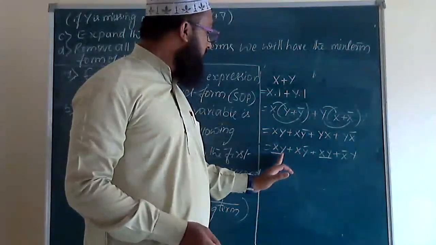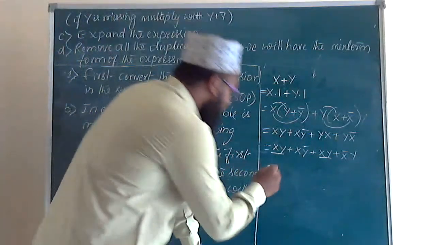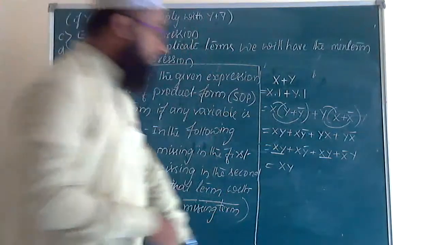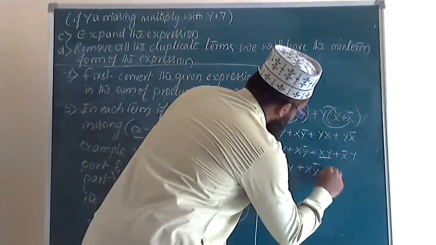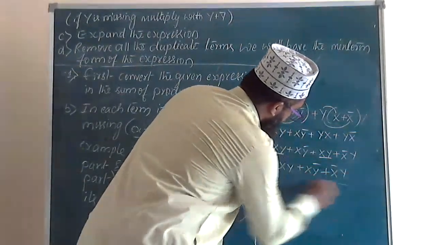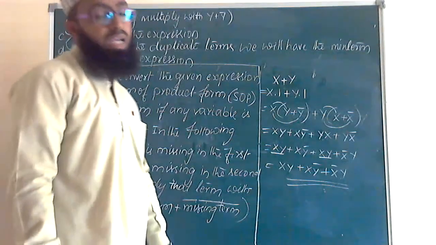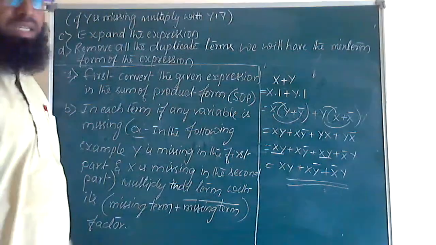Remove the duplicate term. Just write down once x y plus x y bar plus x bar y. So this is the derived min term expression from x plus y.